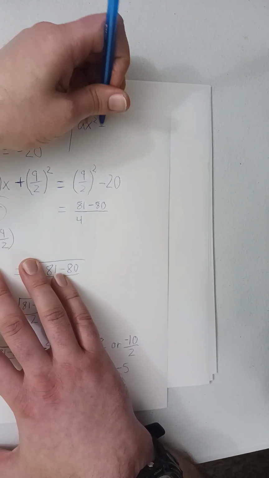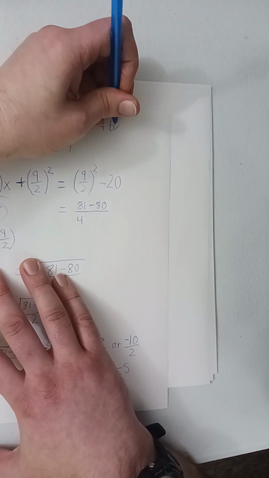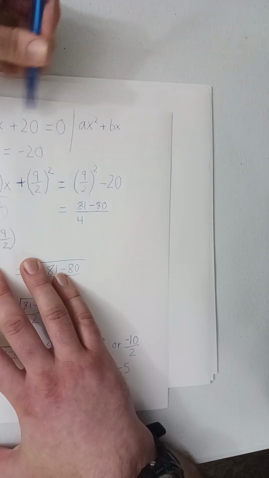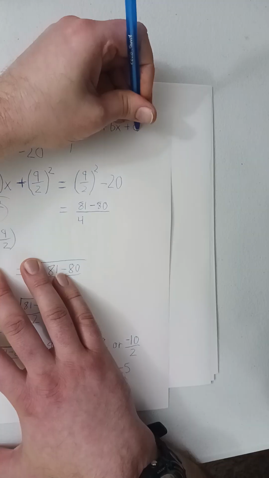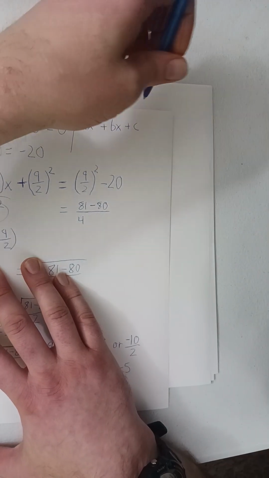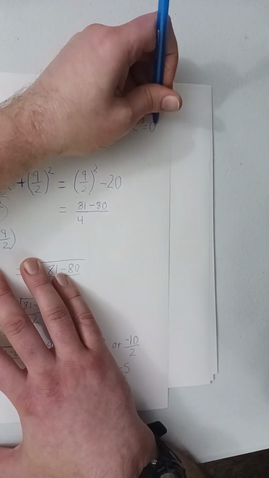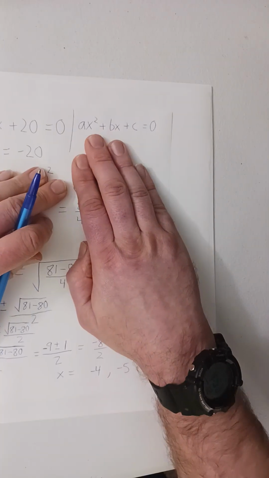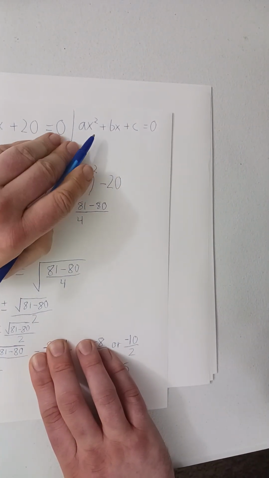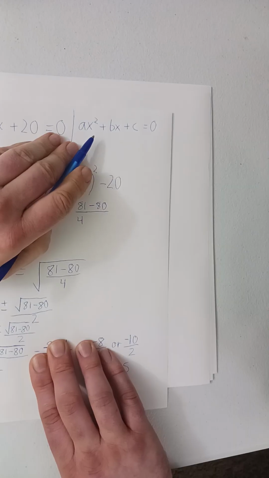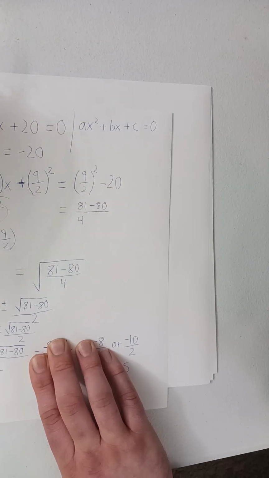Ax squared plus bx, so b is 9, a is 1, plus c, which is 20, equals 0. I'm going to do the same steps that we did here, but show it like this, because I can derive the quadratic formula using that. So here we go.